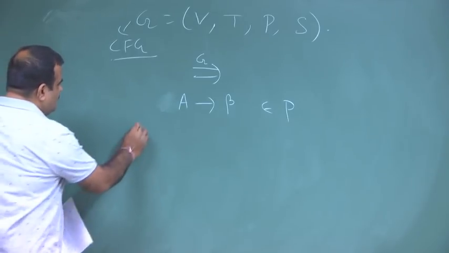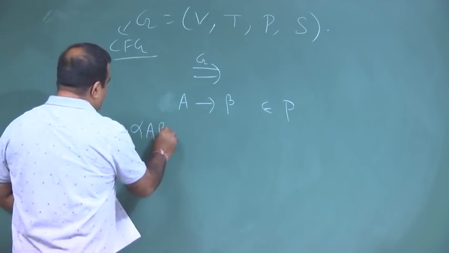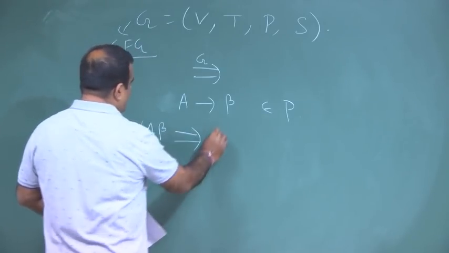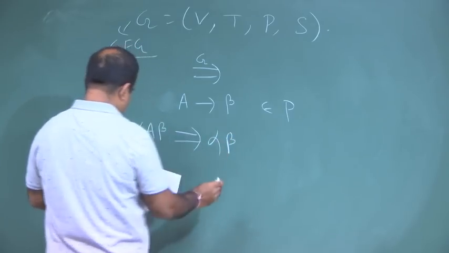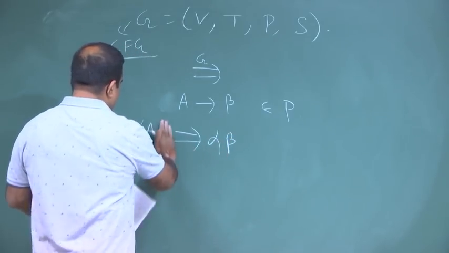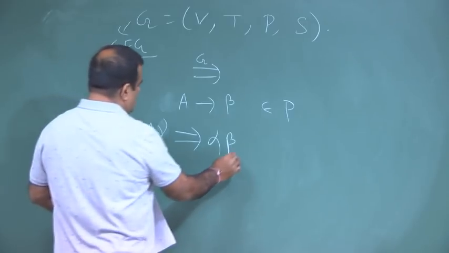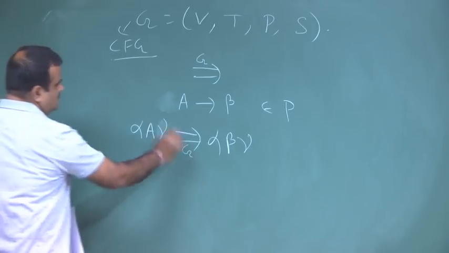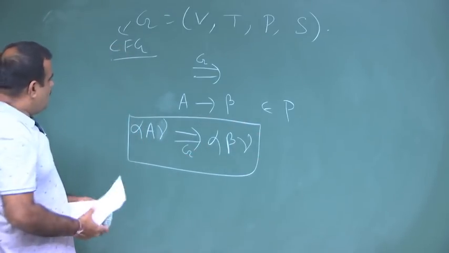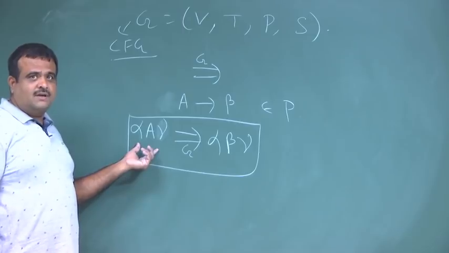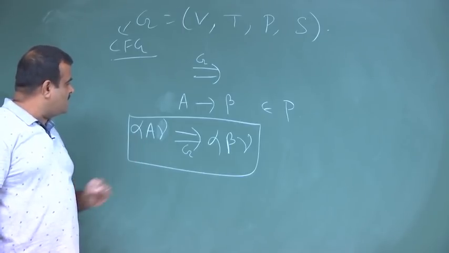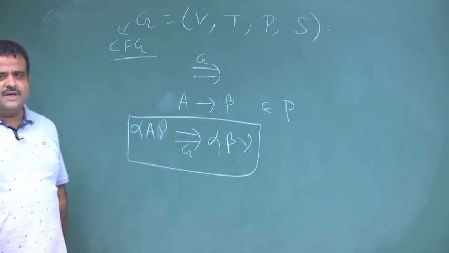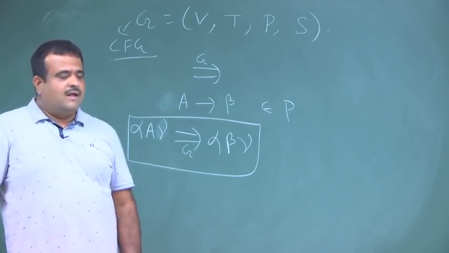then we can say that alpha A gamma goes to alpha beta gamma under G. This is a derivation, because we have the string alpha A gamma; alpha and gamma could be anything, even variables.